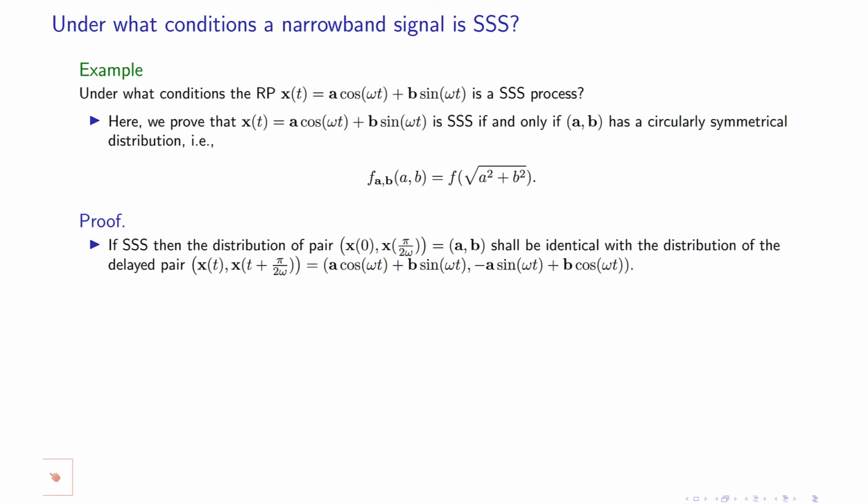So if we do that, this pair, x of t and x of t plus pi over 2 omega, will be changed.